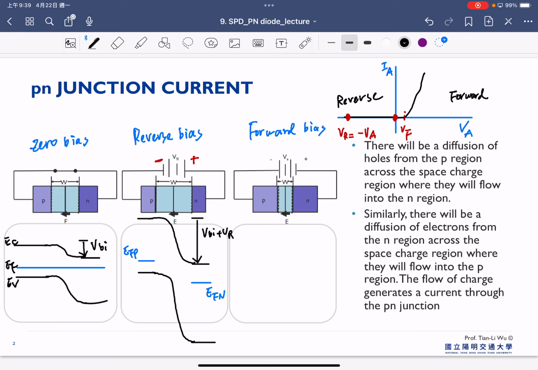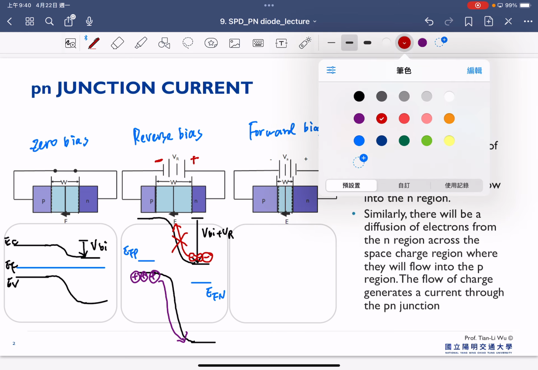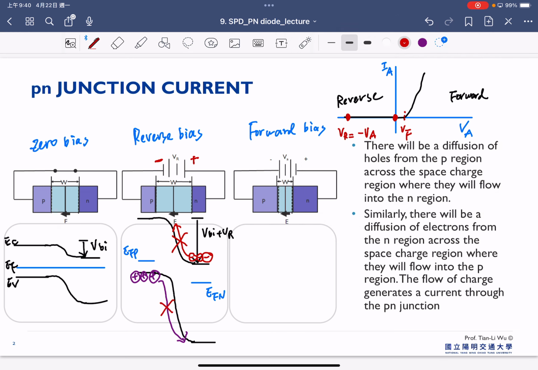In this case, the electrons in the N region will not be able to flow to the left because the potential barrier is increased. Also, the holes in the P region will not be able to flow to the right-hand side, because the barrier is increased.